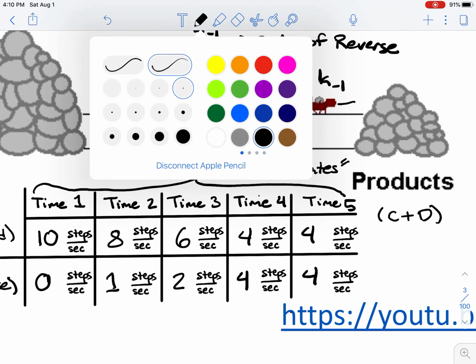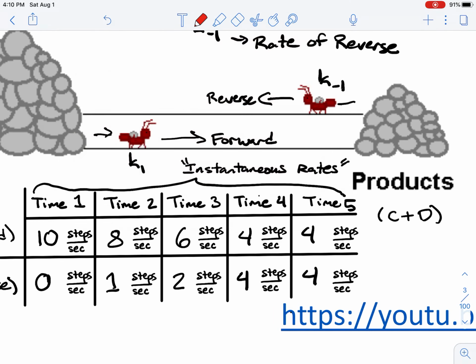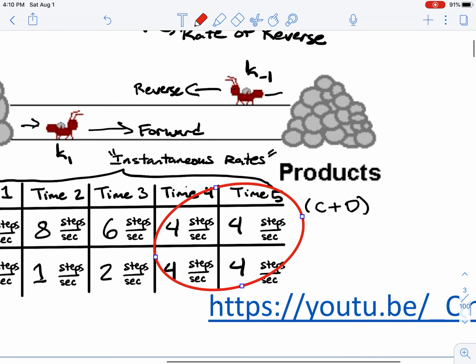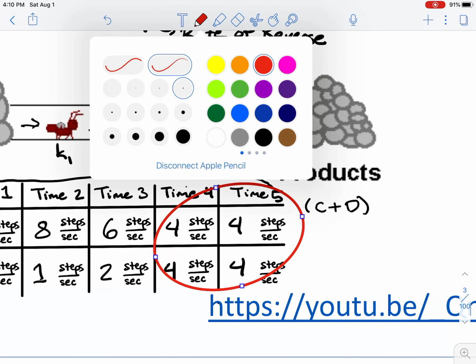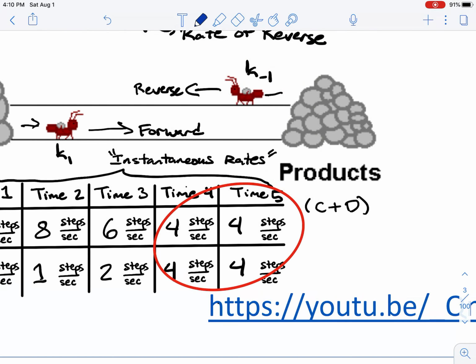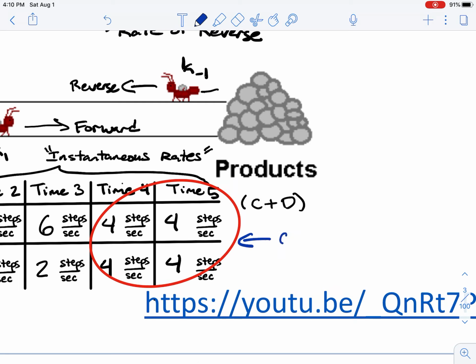And so we can go ahead and say with much greater confidence that during this time period, the chemical system is at equilibrium.